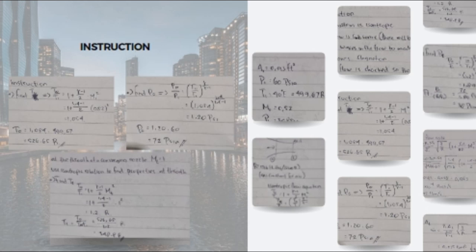So we got P0 per P1 is 1.2 psi. So for the P0 is 72 psia.